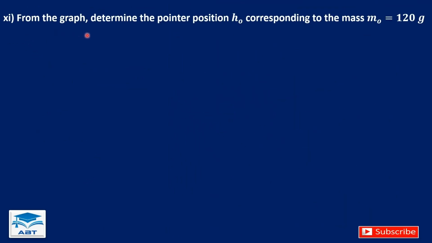From the graph, determine the pointer position H0 corresponding to the mass M0 equal to 120 grams. So first of all, let's convert the mass to kilograms. That is what we plotted. We plotted the mass in kilograms. So we divide 120 by 1000 and we have 0.12 kilograms.